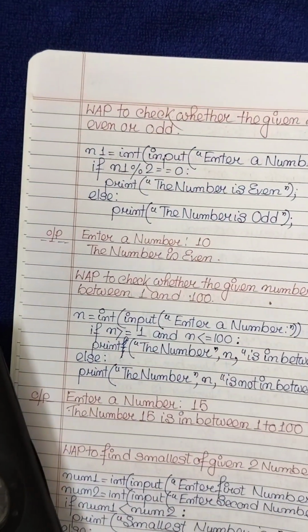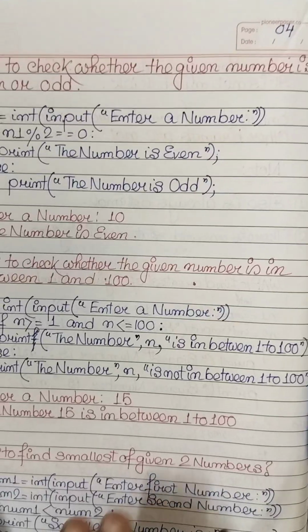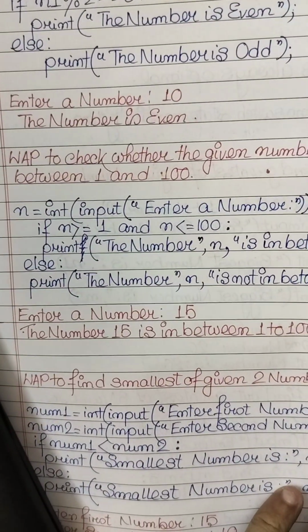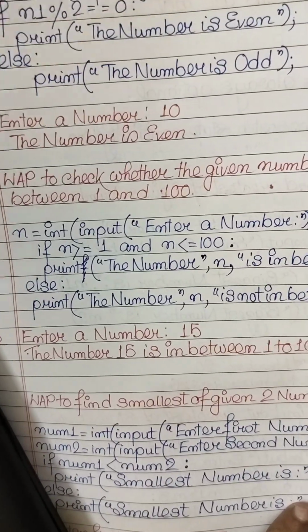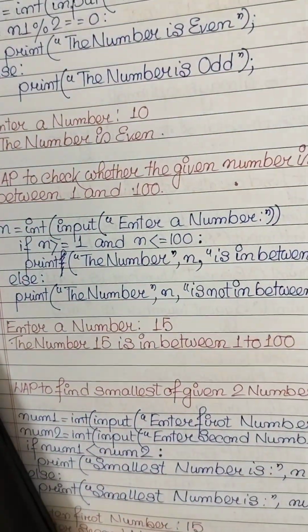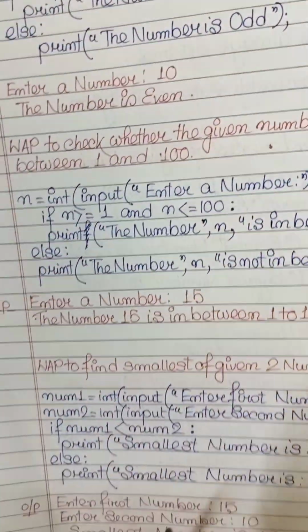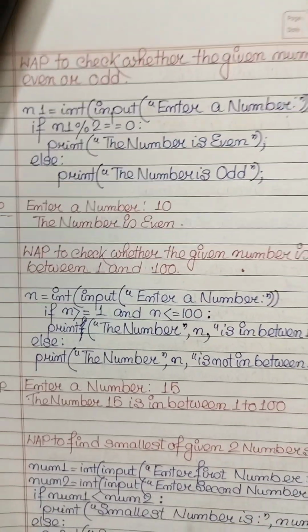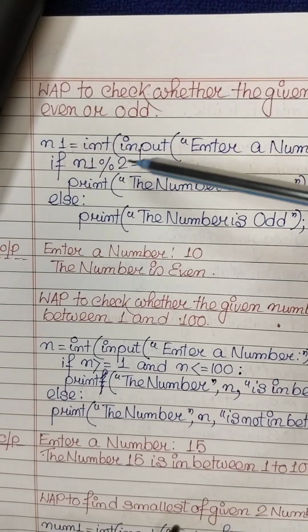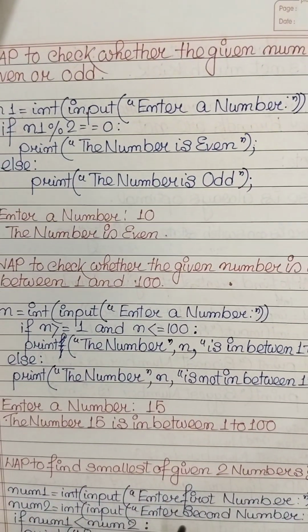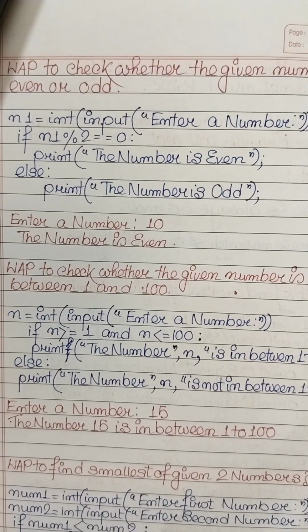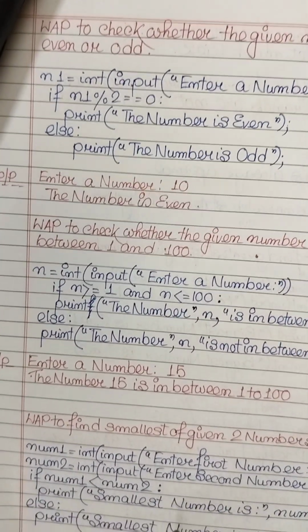Suppose we enter the number 10. The number is even, because after the modulus operation, 10 mod 2, we get 0 at the remainder position. So the number is even.